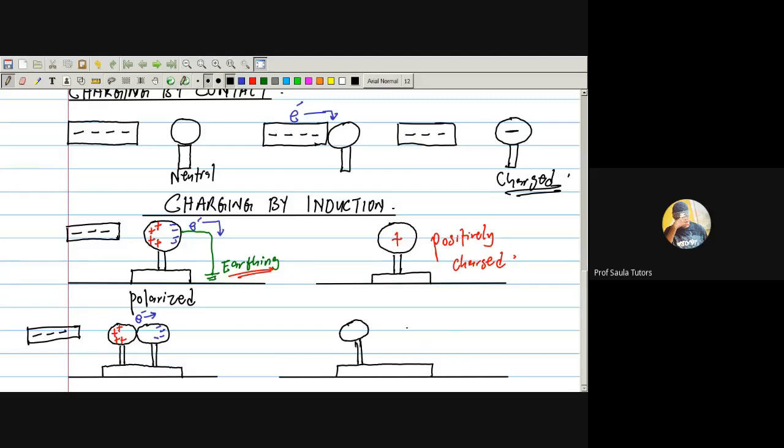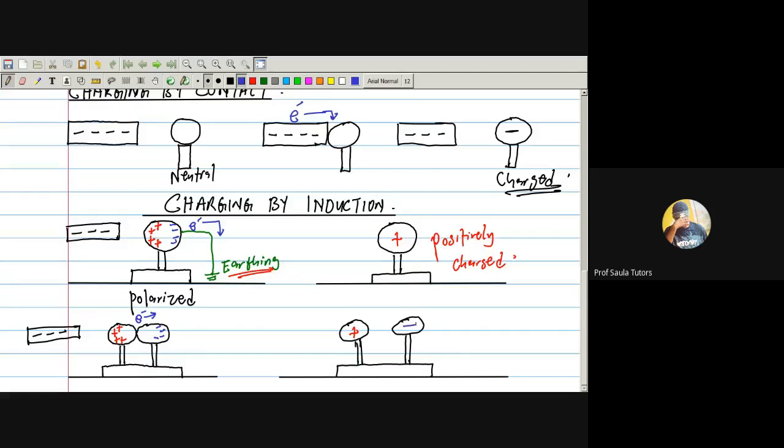I'll separate them away from each other. So what do you observe? This one will acquire a net positive charge, while the second one will acquire a net negative charge.